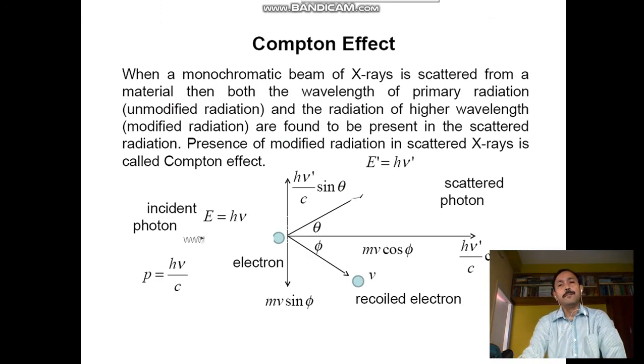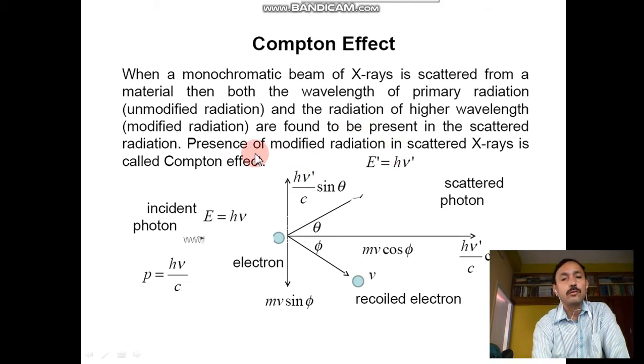When monochromatic beam of X-rays is scattered from a material, then both the wavelength of primary radiation, that is unmodified radiation, and the radiation of a higher wavelength, this is known as the modified radiation, are found to be present in the scattered radiation. Presence of modified radiation in scattered X-rays is called Compton effect.